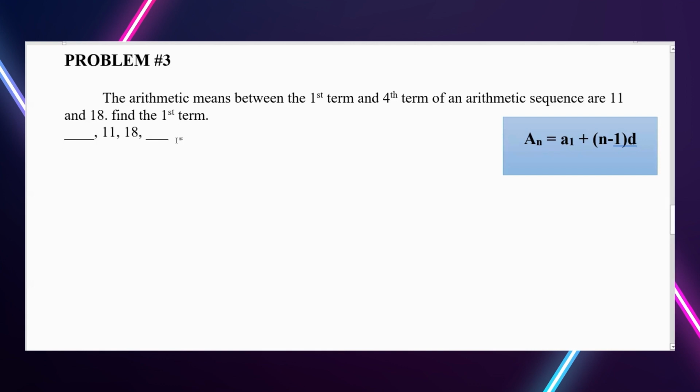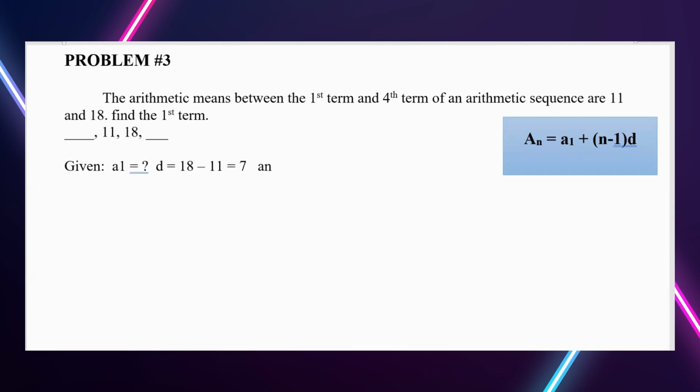Using the values mentioned in the given, we can have a sub 1, which is the missing value, at ito ang ating hinahanap sa ating problem, the first term. Our common difference, let us assume that 18 is the second term and the first term is 11, to get the common difference. So 18 minus 11 is 7.